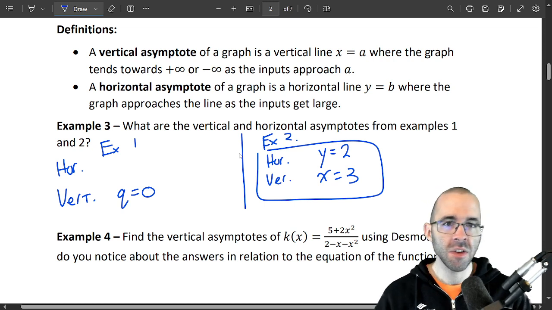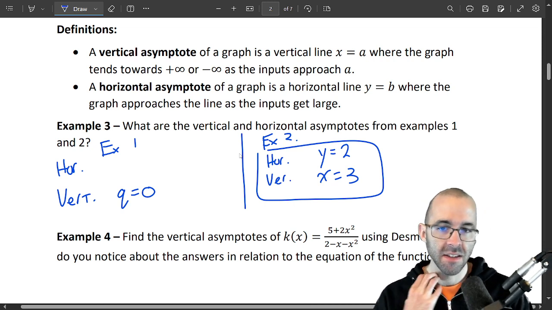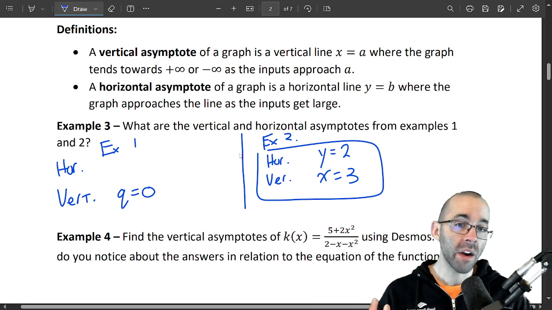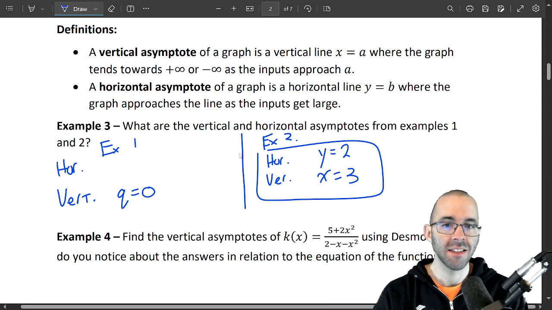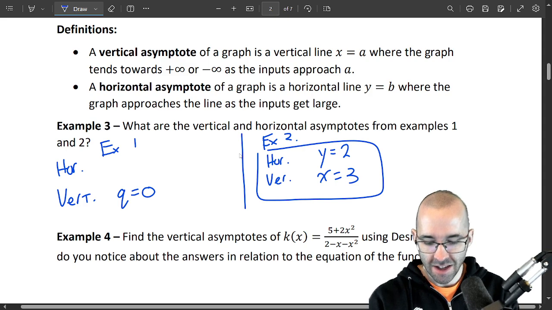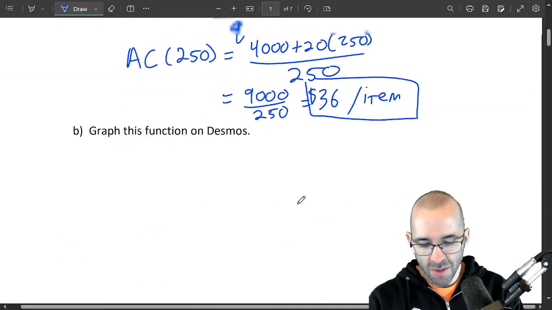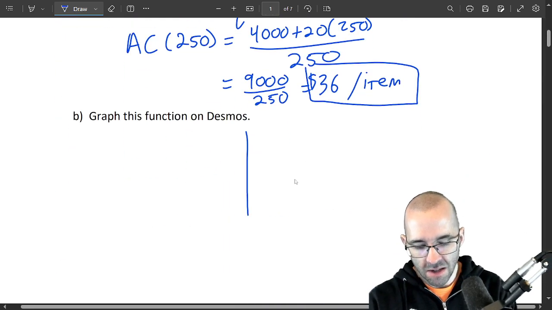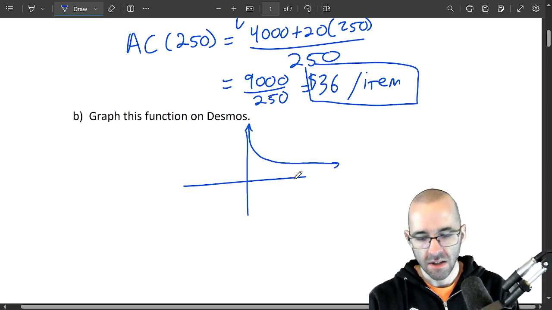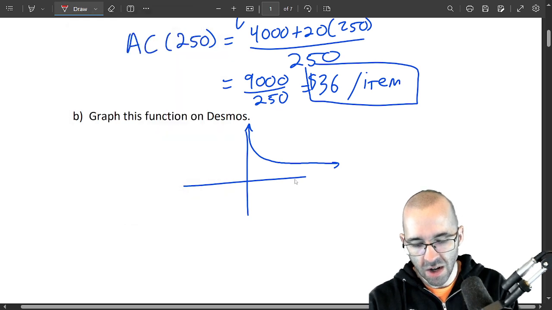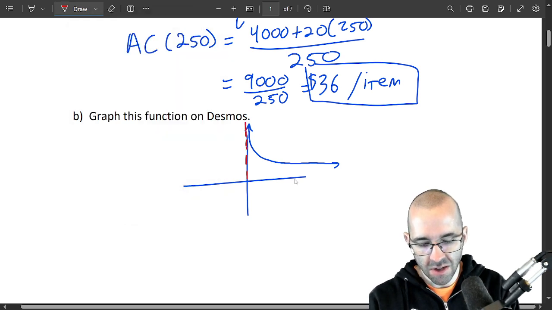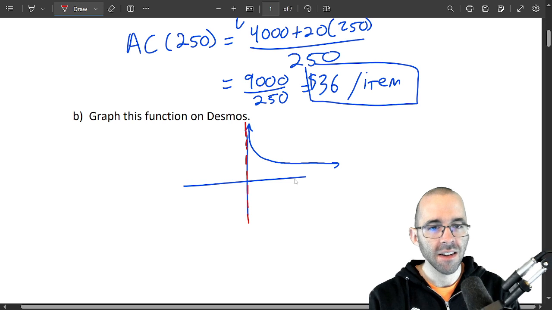And remember, we weren't using x's and y's here. We're using quantity and average cost. So our vertical asymptote was when our input was 0. Our horizontal asymptote, remember what this graph looked like? It looked like this. So again, a lot of times we can draw asymptotes with dotted or dashed lines.